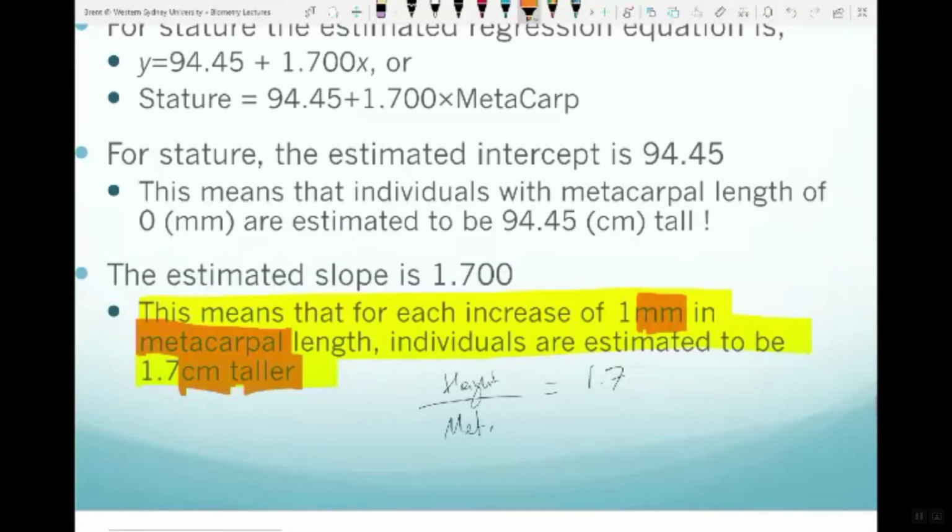For an increase of how much, that corresponds to an increase of how much, specifically. Kilograms, centimeters, seconds, whatever. It has to be correct for both of them. They may not be the same units, just like they are here, millimeters and centimeters. And you have to make sure that you mention the actual names of the variables, not just x and y. That says nothing about people's height and the length of this bone in their hand, right? Be specific to the context of the question. So that's what it means.